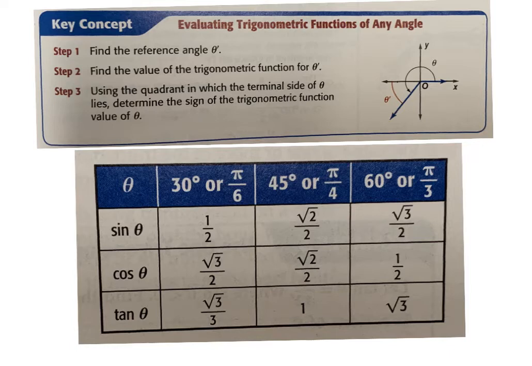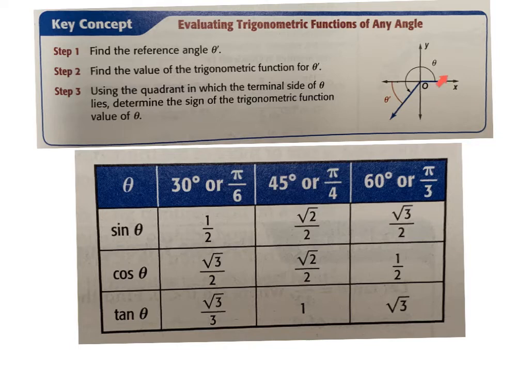Because then if your reference angle is one of these, you automatically know your sine, cosine, or tangent. The positive and negative may change depending on what quadrant you fall in. Sine will be positive where y is positive. Cosine will be positive where x is positive. And tangent will be positive where sine and cosine have the same sign. If you think about a coordinate plane, sine is going to be positive in 1 and 2, right?